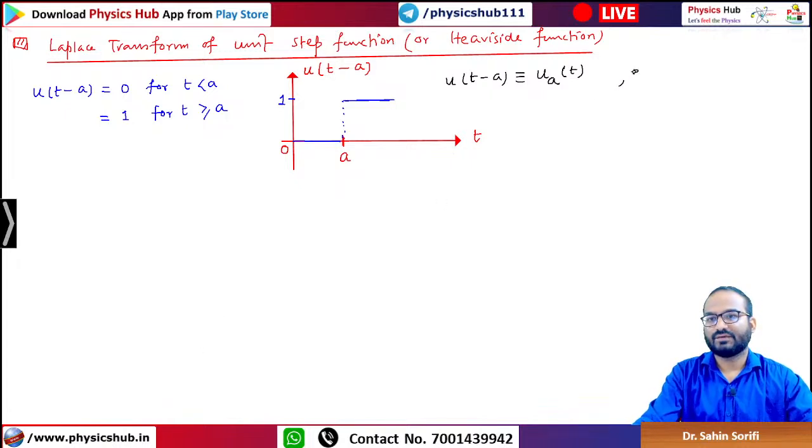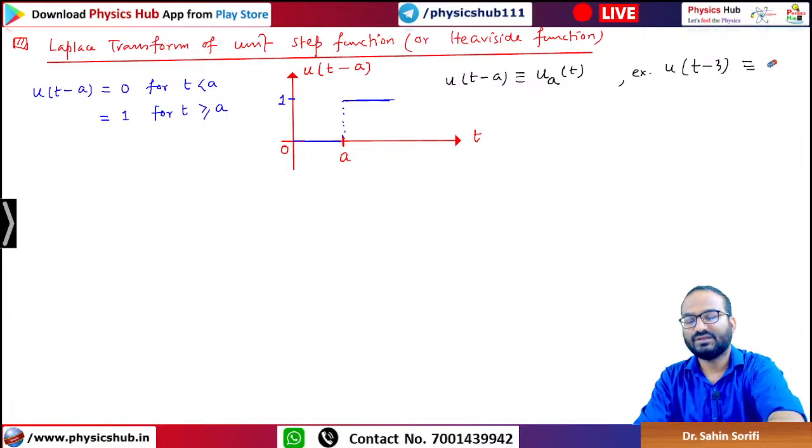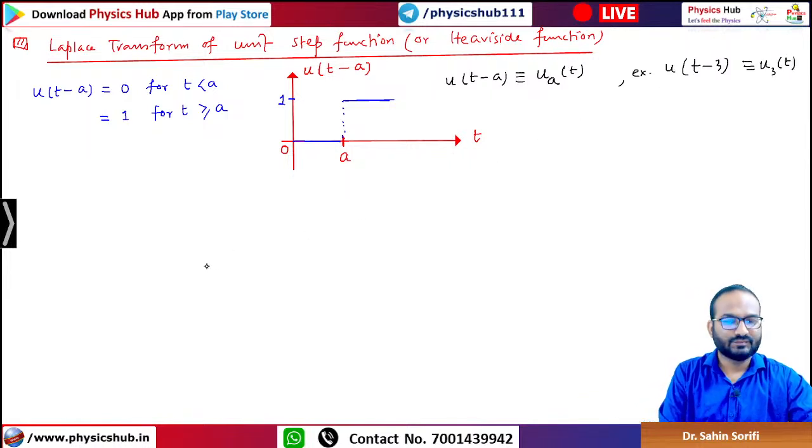Let's say for example, if you have u(t minus 3), what does it mean? Beyond t equals 3, the function will take up the unit value. So we can express it as u_3(t). Okay. Now the question is, what is the Laplace transform of this unit step function?